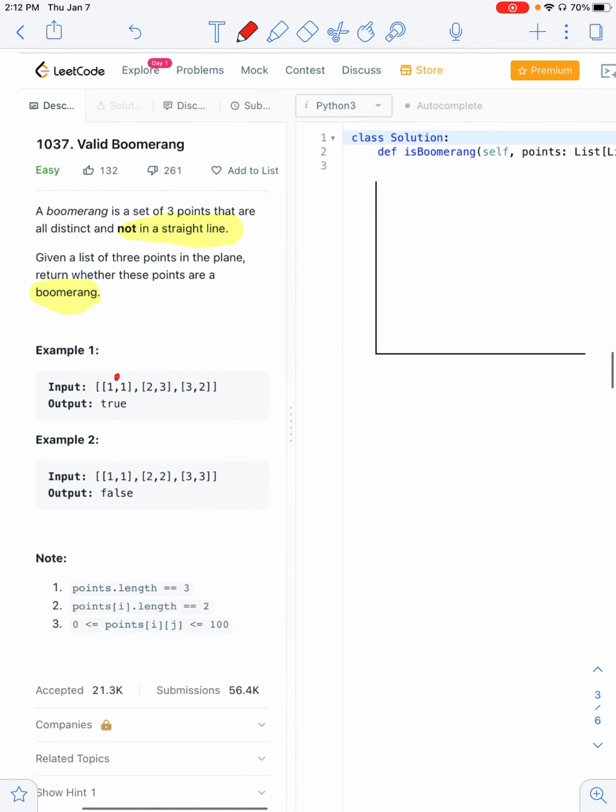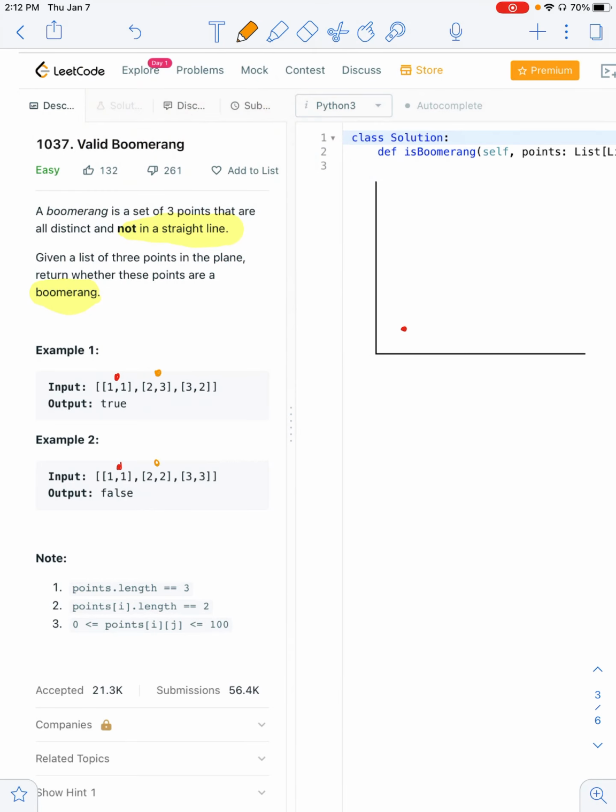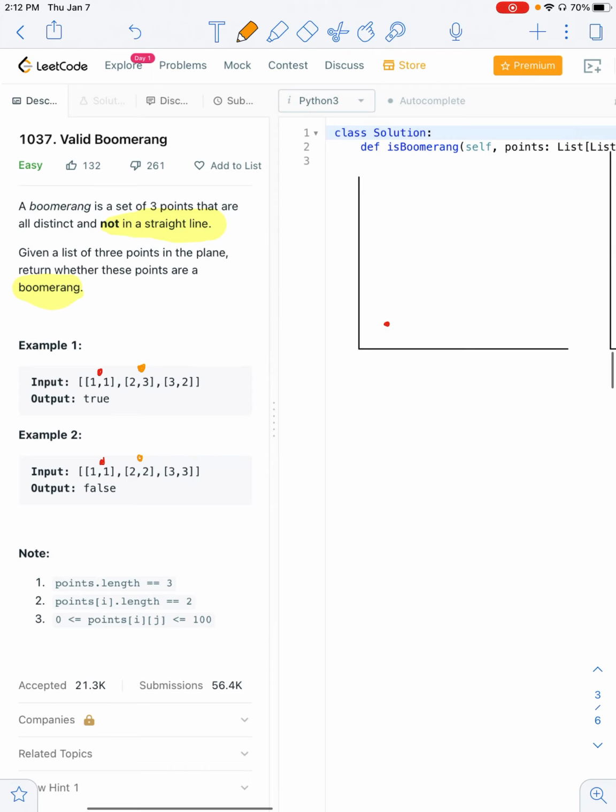If we have the point (1, 1), that's approximately here, one in this direction, one up. We're just using a two-dimensional coordinate system. And the point (2, 3) would be something like that. And the point (3, 2), something like that, right?